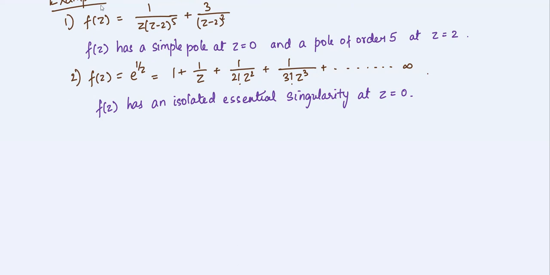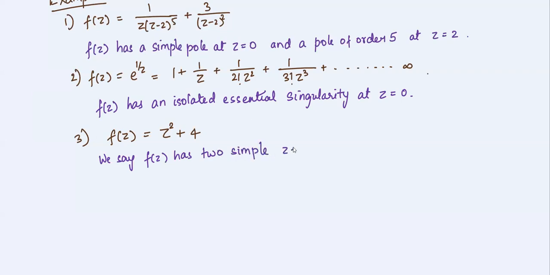Now, similarly, we will do it for zeros. f of z is equal to z square plus 4. Now we say f of z has two simple zeros at z equal to 2i and z equal to minus 2i.